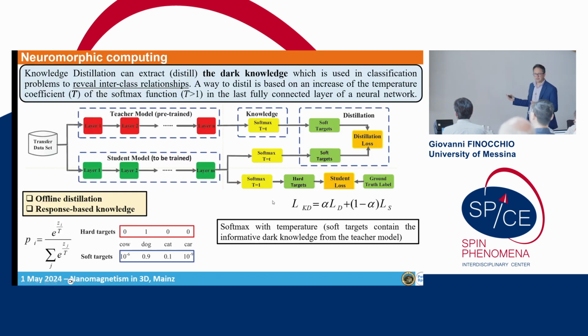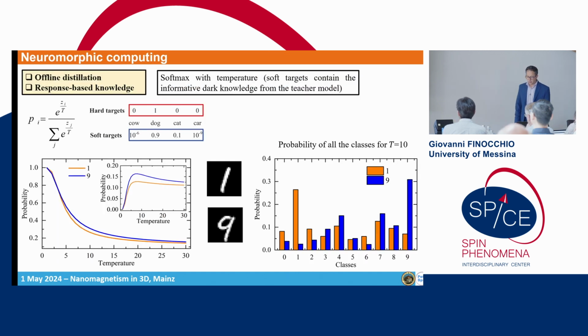While doing that, we transfer the information from the teacher model to the student model using not only the data that is already available, but also the dark knowledge in the trained model, which you cannot see if you use softmax with temperature equal to 1. These are some calculations that we did.